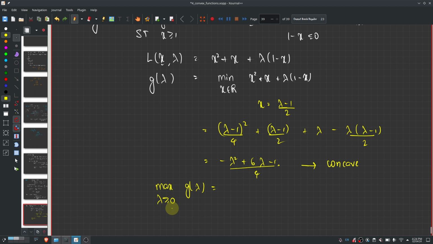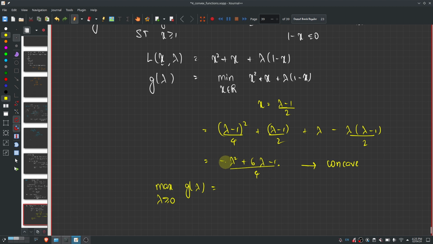How do you find this? Okay, so you can differentiate this and set it equal to 0. What do you get? Lambda is 3, right?